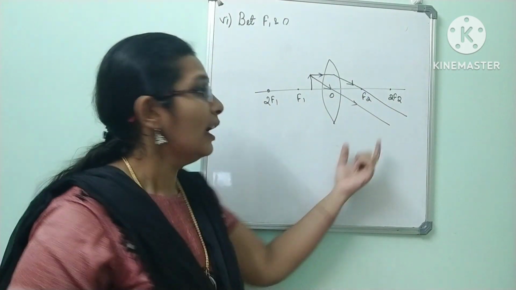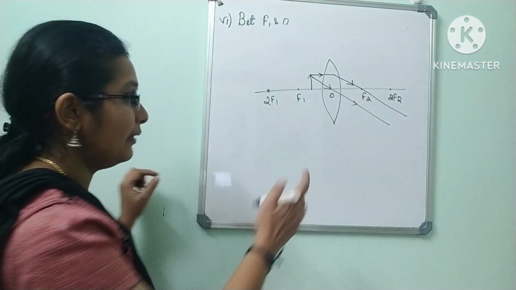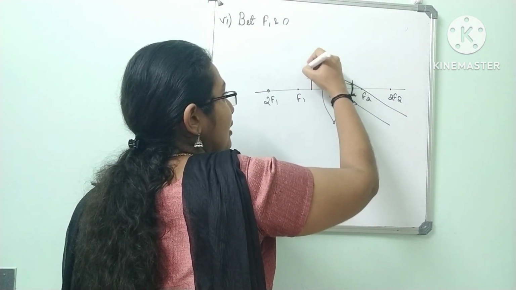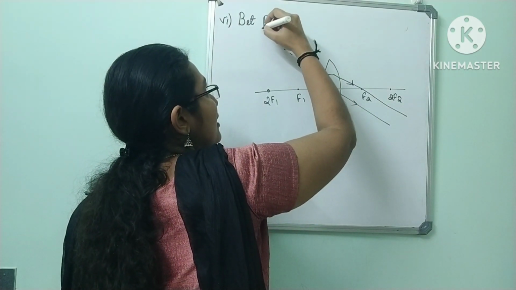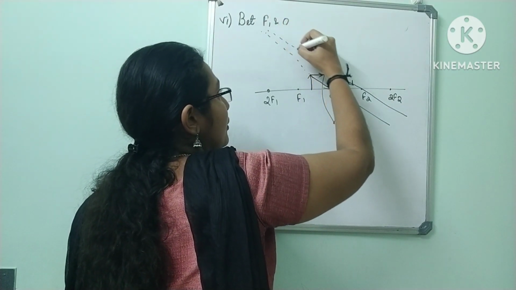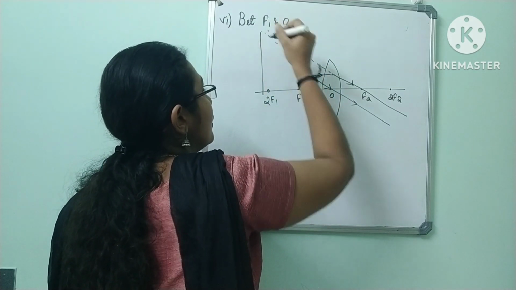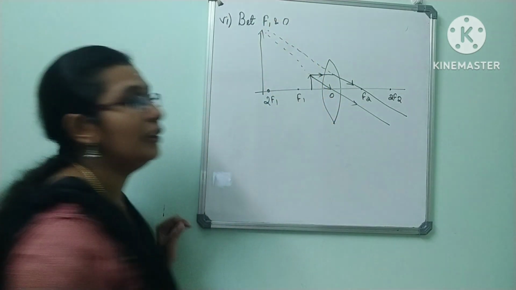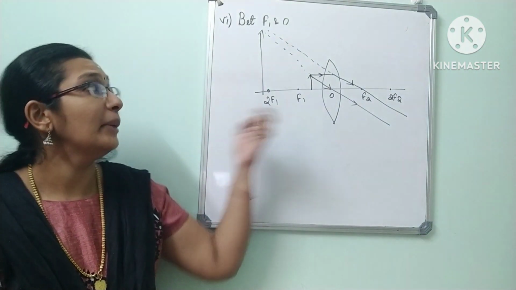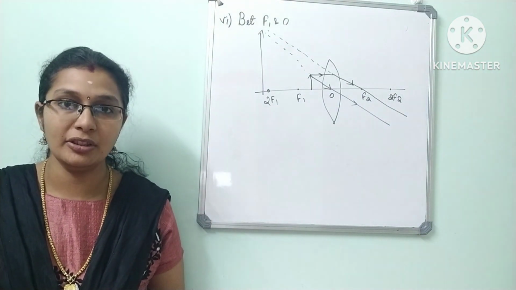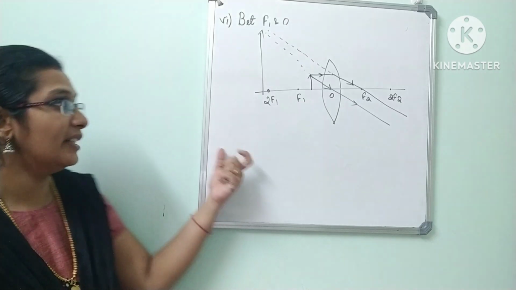Actually it is not parallel lines, it appears to diverge. When you see on the other side, it appears to meet somewhere here. Clear? Here only your image appears to form, I mean the rays appear to meet.